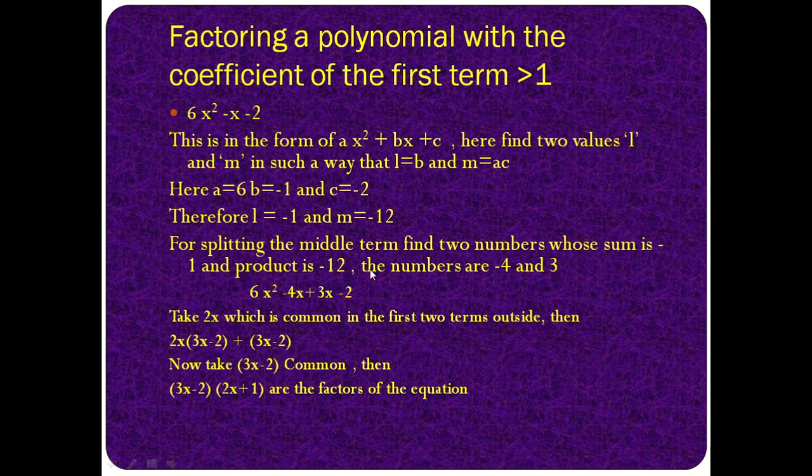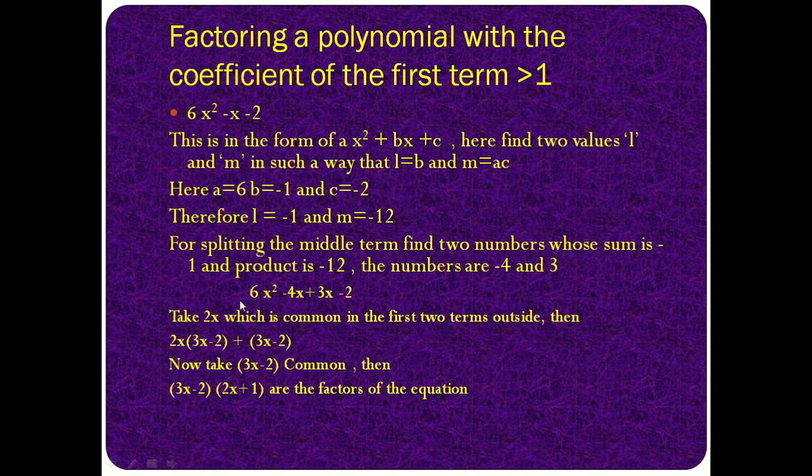So for splitting the middle term, you will have to find two numbers whose sum is minus 1 and the product is minus 12. So easily you can identify the numbers as minus 4 and 3. When you add minus 4 and 3, you will get minus 1 as the sum. When you multiply minus 4 and 3, you are getting the product as minus 12.